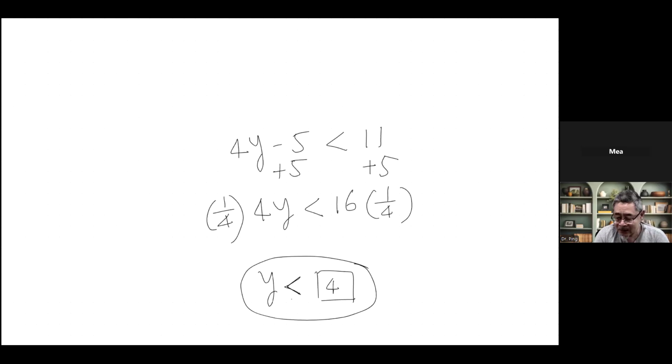Good? Okay. Now we're going to see one more, then I'll have you practice. So it's negative 3x plus 4 greater than negative 11.